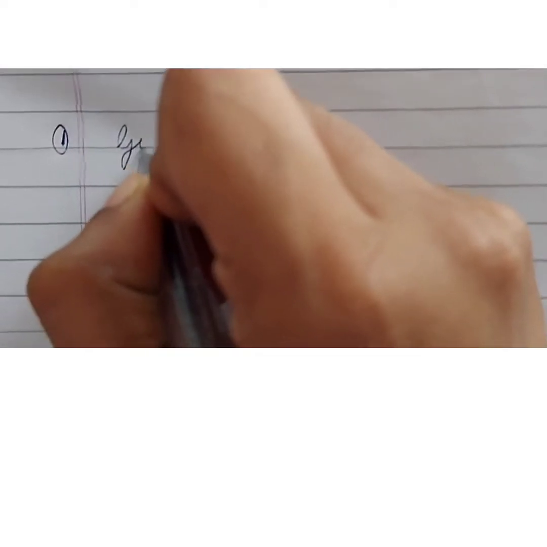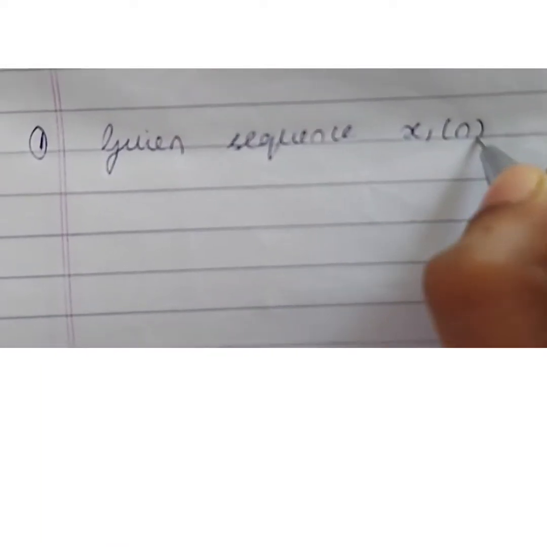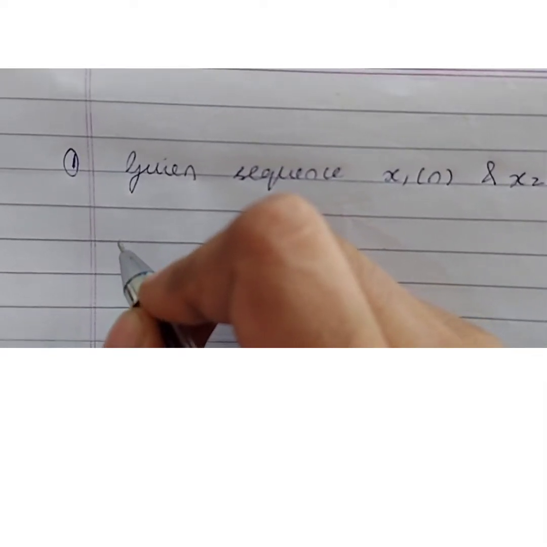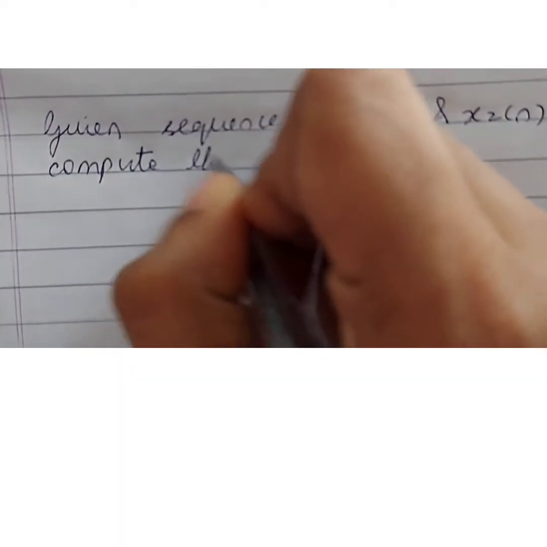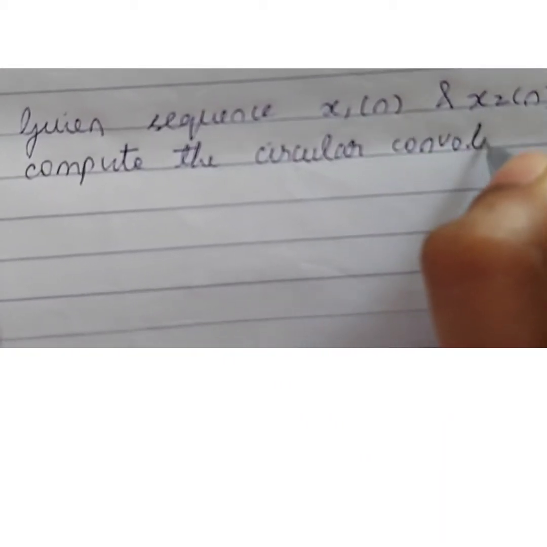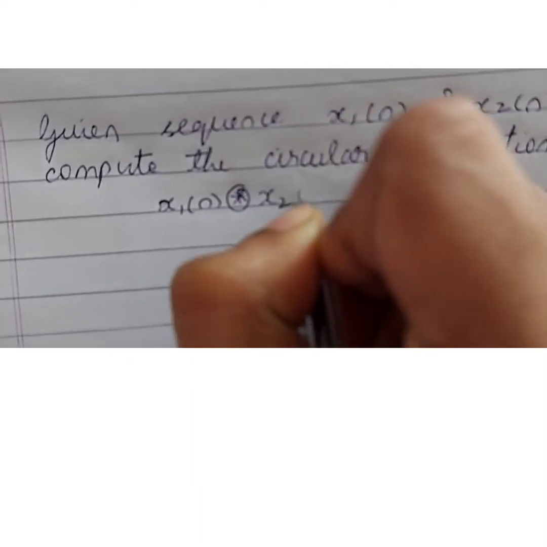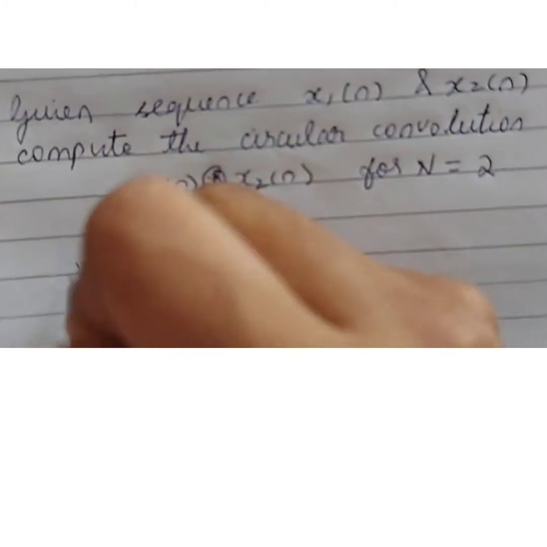Given the sequence x1 of n and x2 of n, compute the circular convolution x1 of n, circular convolution symbol, x2 of n, for N is equal to 2.